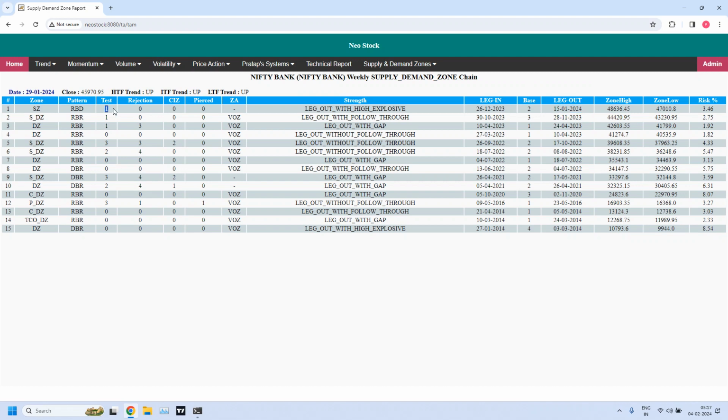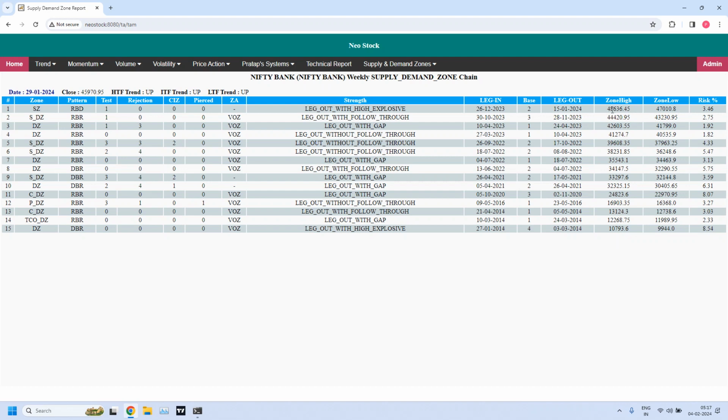Already had one test also in the supply zone. And now Nifty is having a high liquidity demand zone. Already one test is there. So that means the 44,420 to 43,320 area, the demand zone is there.